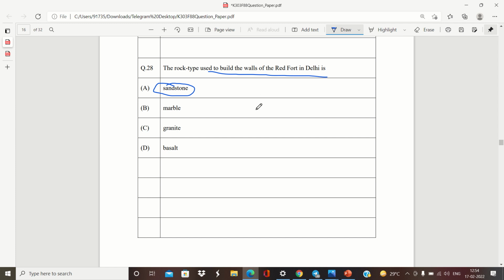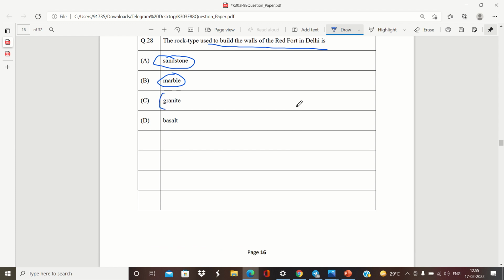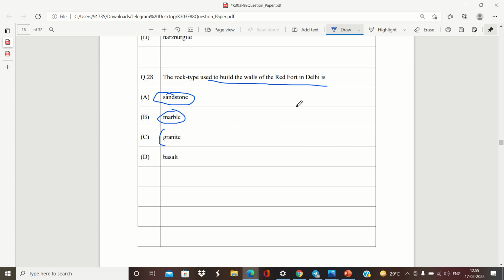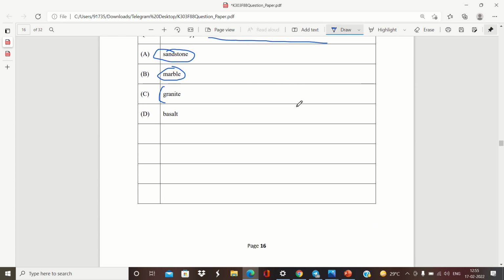That's why it is known as Red Fort. Then marble is used in the Taj Mahal of Agra.